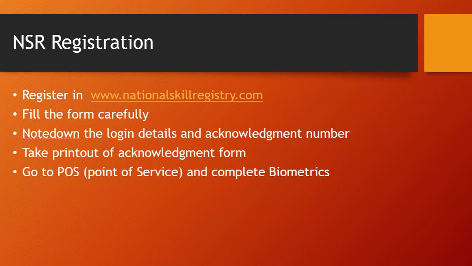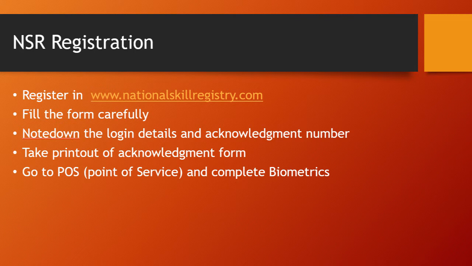Then you can make the payment either online, or you can pay at the POS, that is point of service. However, you should go to the point of service even if you make the payment online, because you should give biometric details, your fingerprint and all those things, so you can make the payment either online or offline.